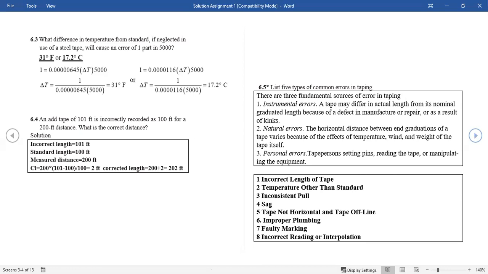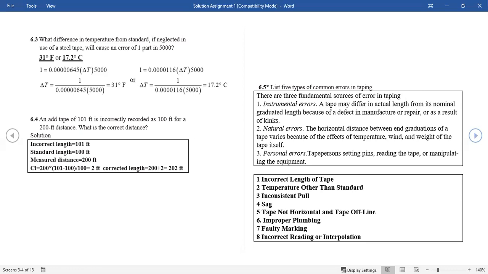Question 5 is about theory, and you just have to jot down the types of error. This is there in the book. Before we go there, we need to understand what the errors in taping are.